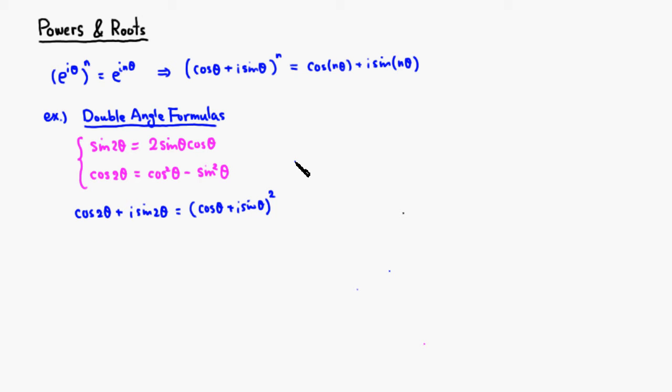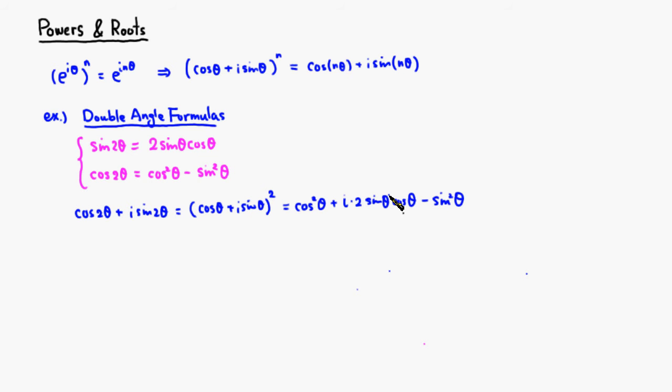If you multiply this out, you're going to have cosine squared of theta plus 2i sine of theta cosine of theta, and the i squared would be negative, so you have minus sine squared of theta. All I did was multiply it all out.